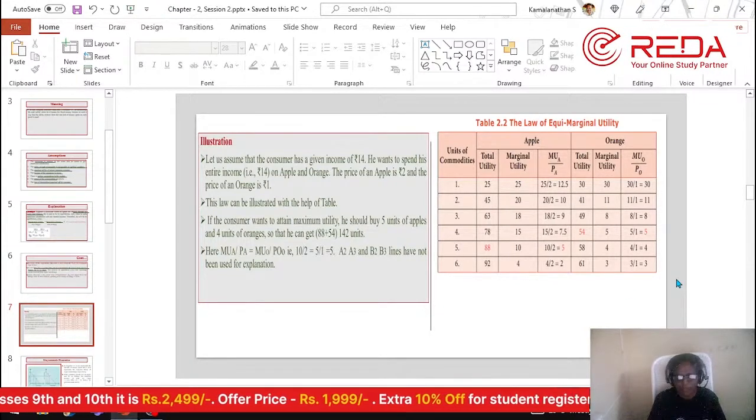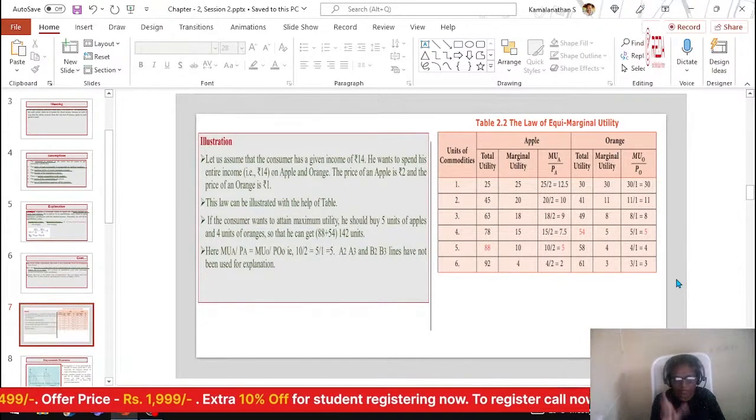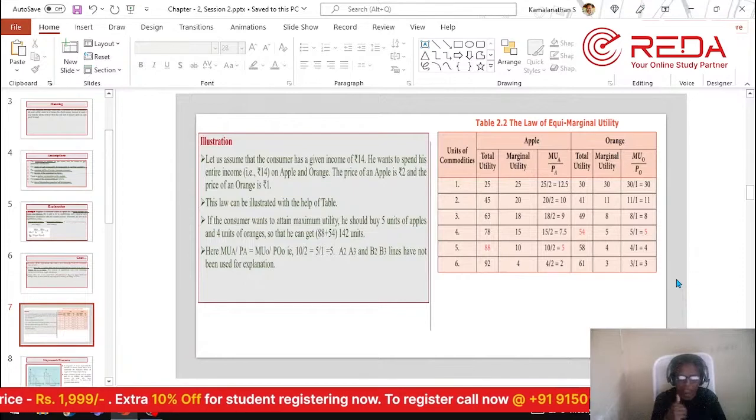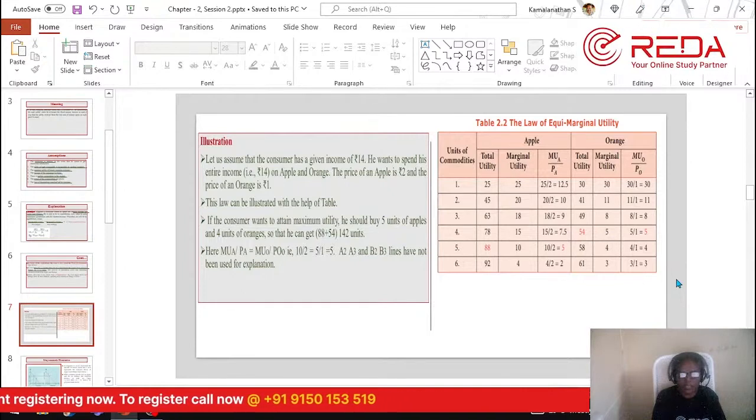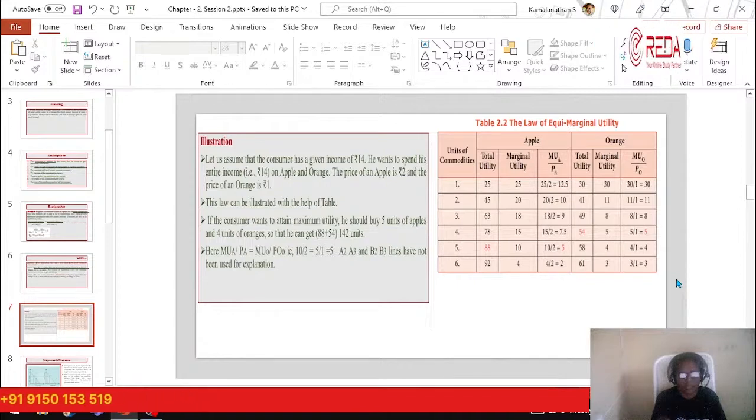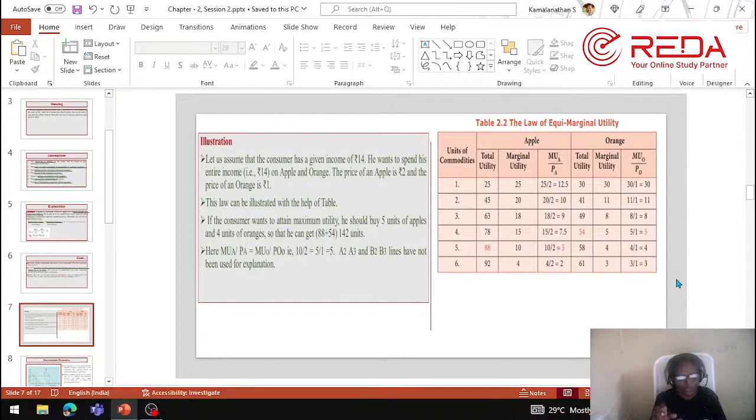So at this point, what happens now? With the help of this schedule, we have analyzed what Marshall explained: the marginal utility of apple when the price is given as 2 is 5 utils, and the marginal utility of orange with the price given as 1 rupee is 5.